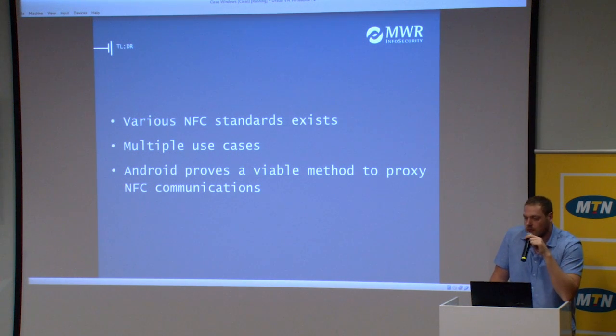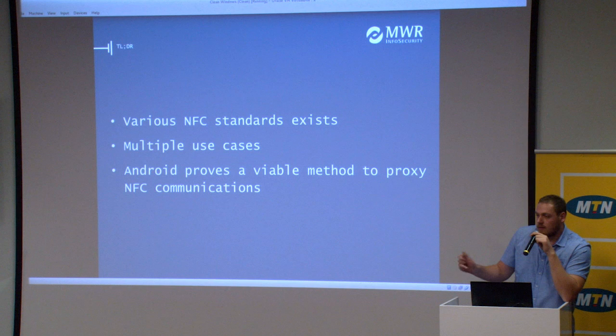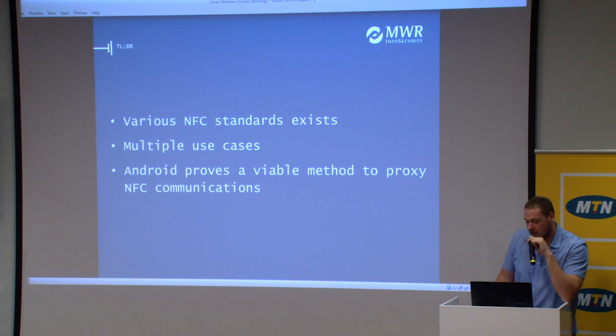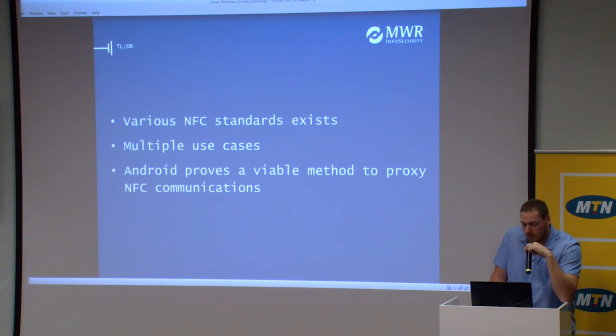Another use case that I thought of was using this to fuzz card readers for access control, and maybe seeing if I can get something like the cool CSI plug-over box going that runs a bunch of numbers and then eventually just opens the door for me. And the last point that I saw was that Android actually proves a viable method to proxy NFC comms. And yeah, that's what I got.